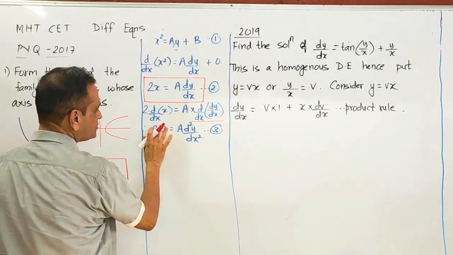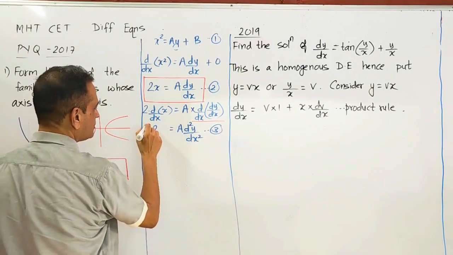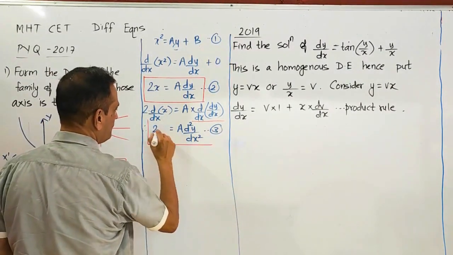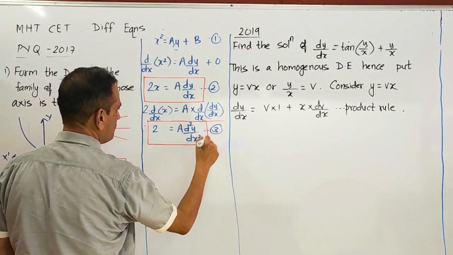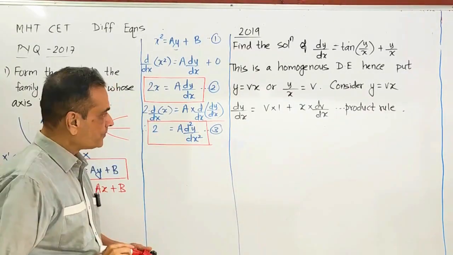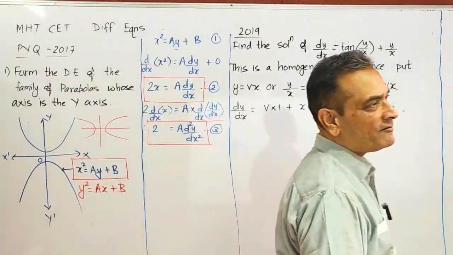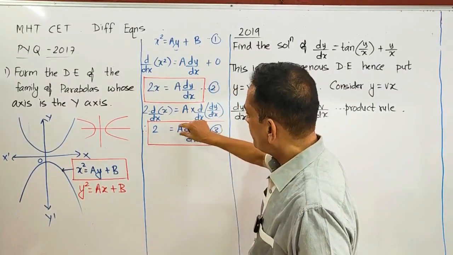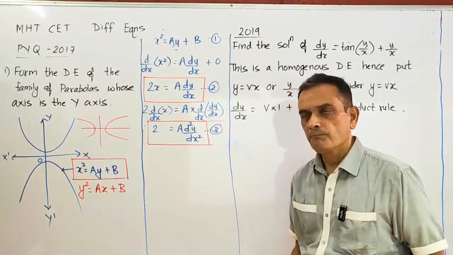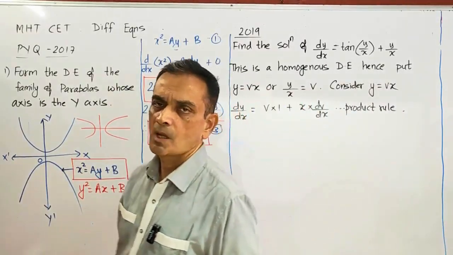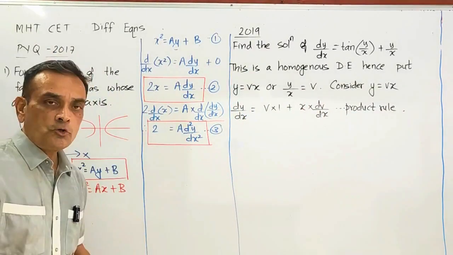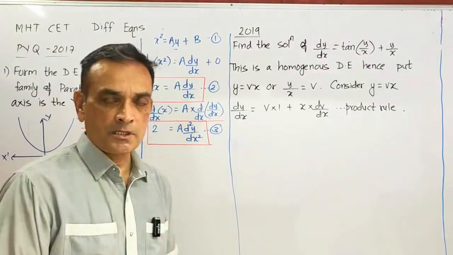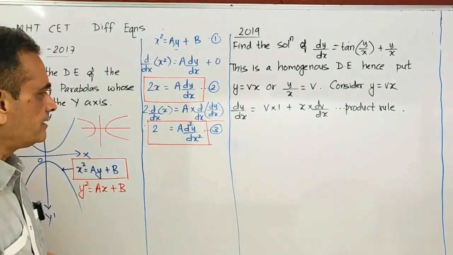So that is our equation 3. Now 2 into 1 is 2, it is fine even if you don't write it. Followed? So we have differentiated two times, but from equations 2 and 3, a is still remaining. A is still there. You are not allowed to differentiate 3 times because only 2 constants are there.